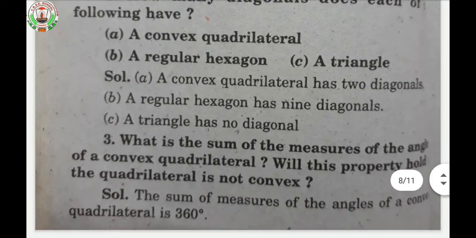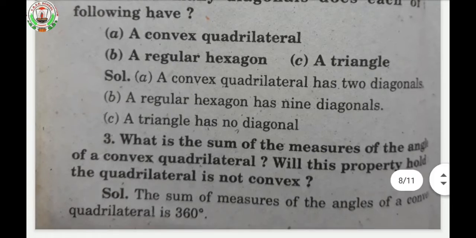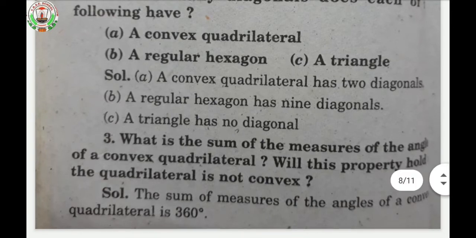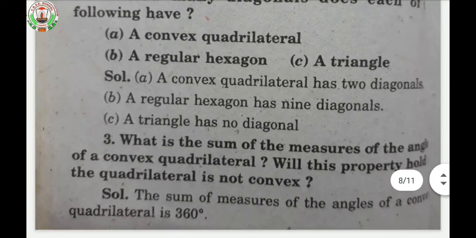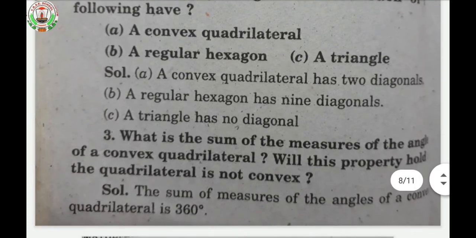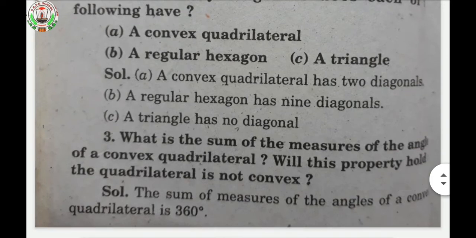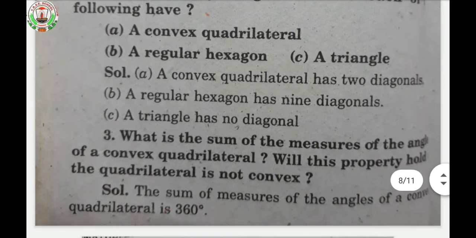That means n into (n minus 3) upon 2, so 3 into (3 minus 3) upon 2. 3 minus 3 is 0. When 0 comes in the numerator, it does not have any value. So 0 into 3 upon 2 will be 0 itself. That's why a triangle does not have any diagonal.